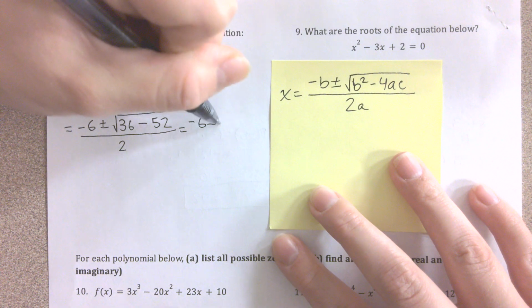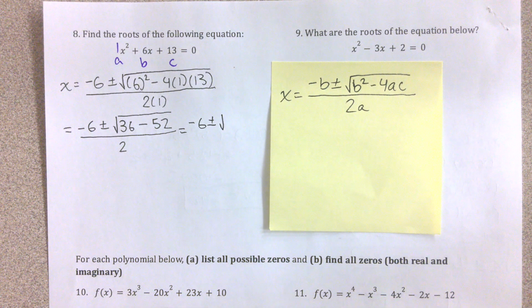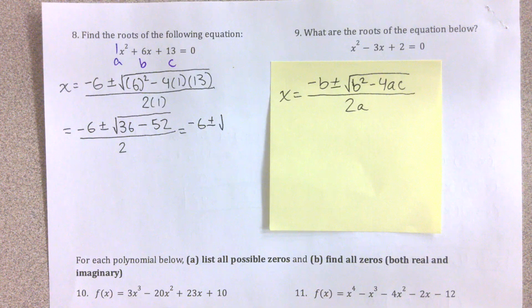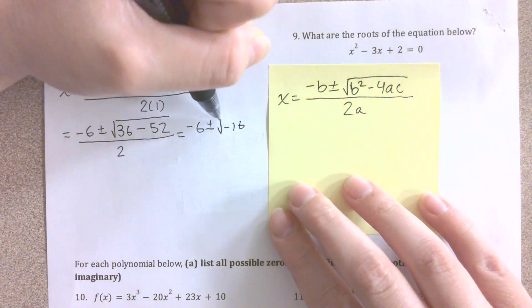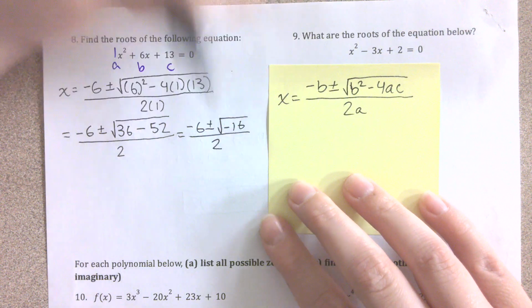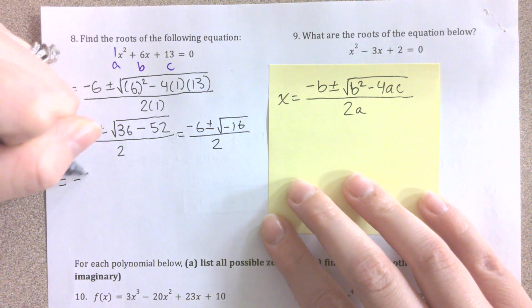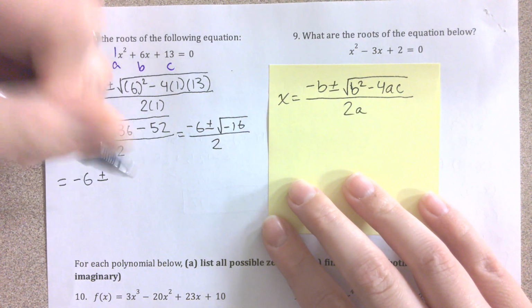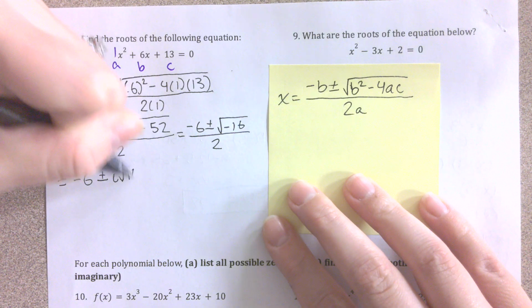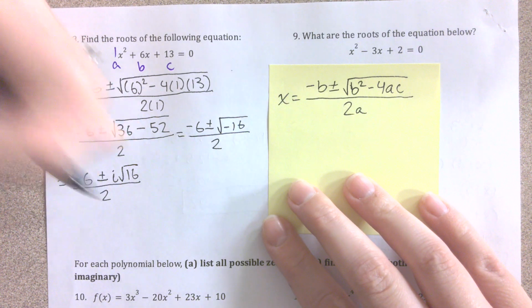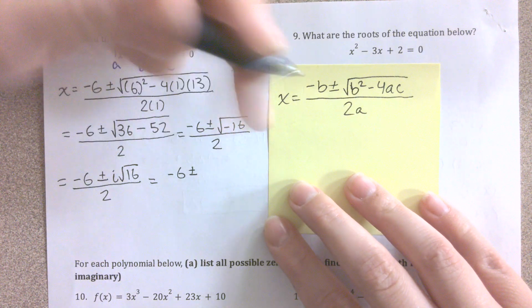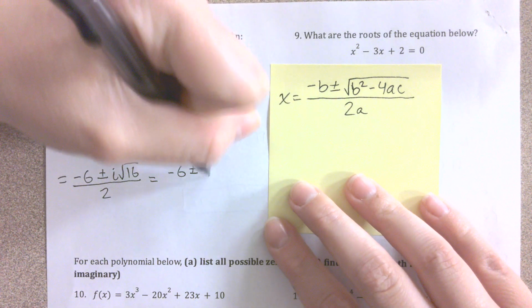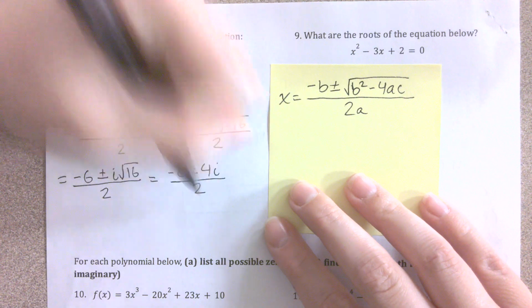Negative 6 plus or minus square root. I feel like that's negative 16, but I'm second guessing myself. It is. Okay. Negative 16 over 2. Negative 6 plus or minus i square root of 16 over 2. Negative 6 plus or minus, square root of 16 is 4, so this is 4i over 2.